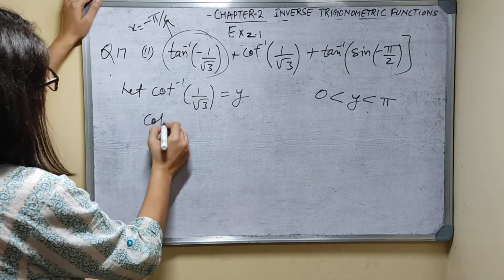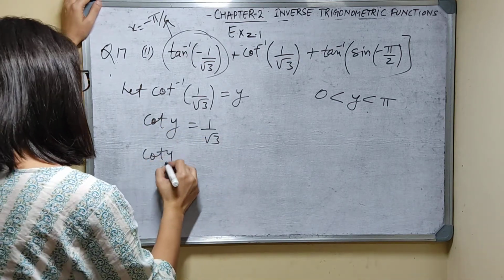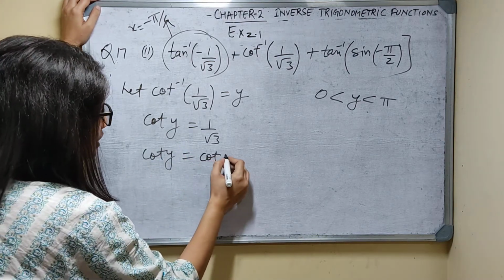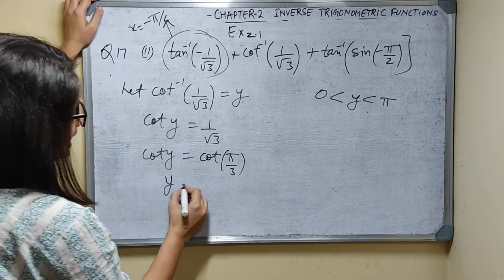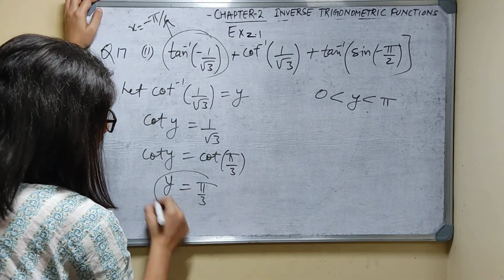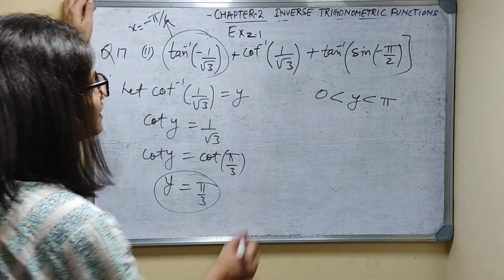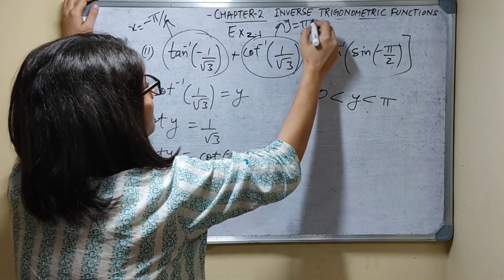So cot y is equal to 1 by root 3. This value is for cot 60 degrees, which means pi by 3. Directly I can say y is equal to pi by 3, because 60 degrees lies between 0 to pi.